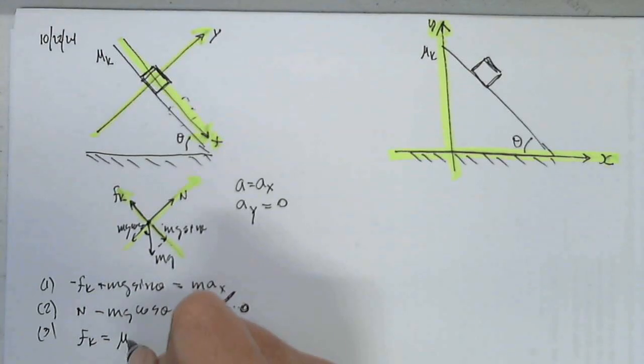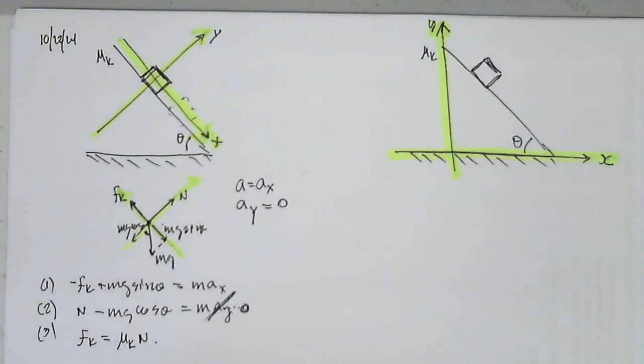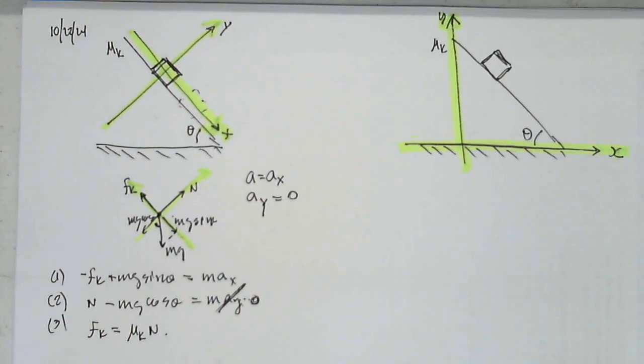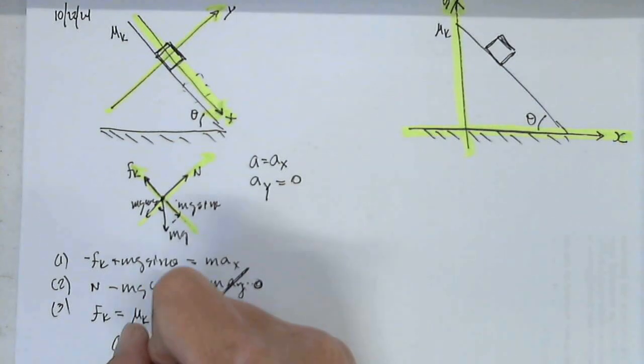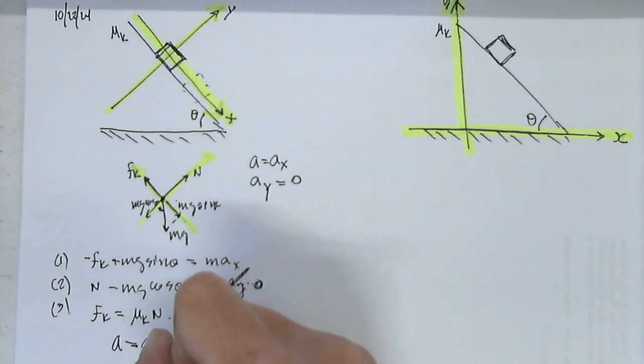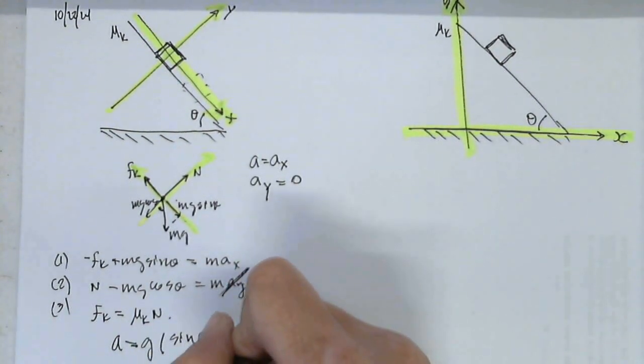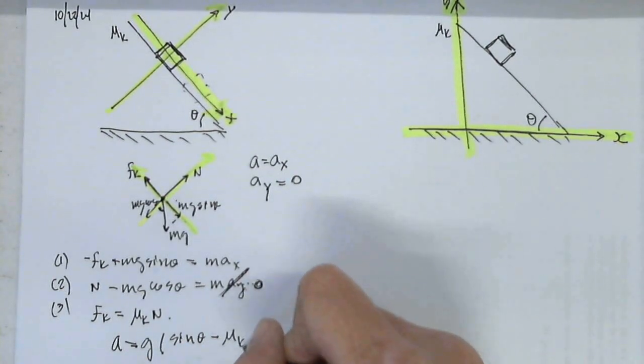And this is the empirical equation that relates friction and the normal force. So we solve this problem. We get that the acceleration is this expression that we got yesterday.